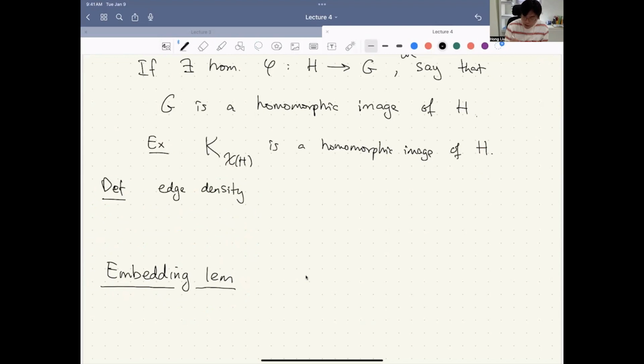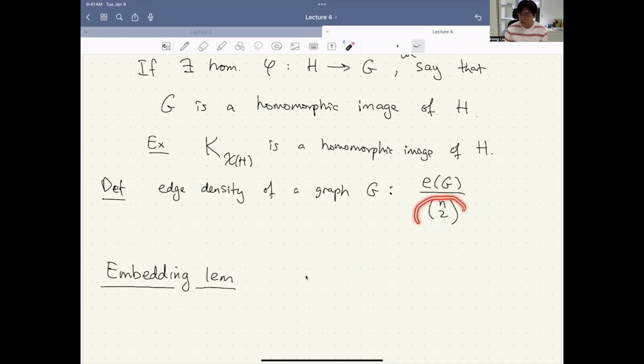So let's do things in the asymptotic way. What is the edge density of a graph G? It is simply E of G normalized by n choose 2.